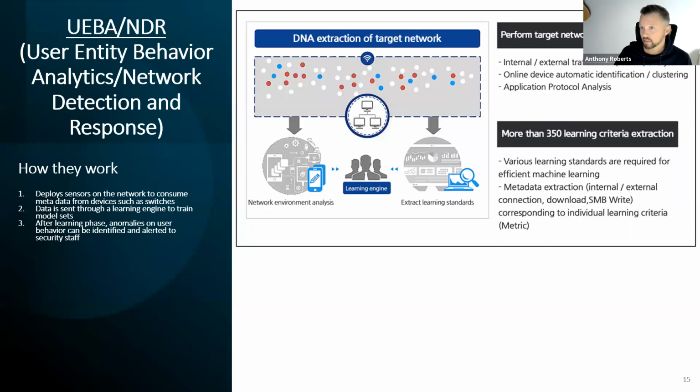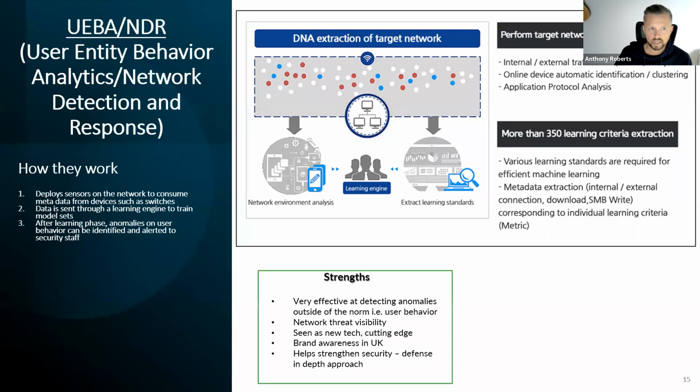And then most recently, we've heard obviously a big surge in UEBA, user entity behavior analytics, and network detection and response. These are another point product that you might be looking at, and a lot of organizations go out and buy them. Very effective at detecting anomalies on the network.